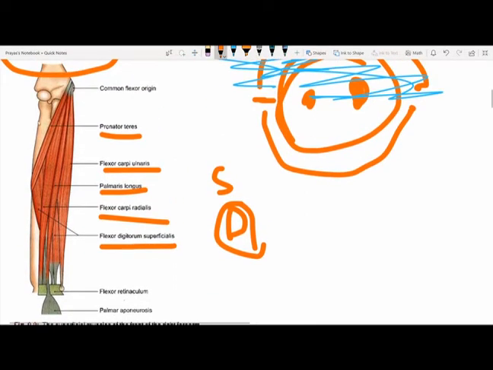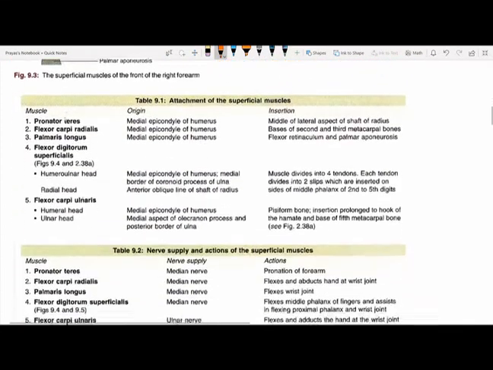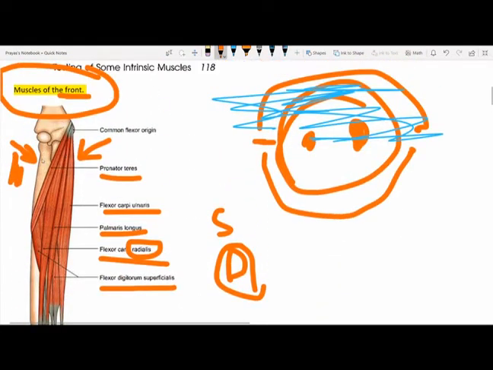But as the name suggests, flexor carpi radialis, since it's called radialis, is towards the radial end, the lateral end. This is radius, and this is ulna.